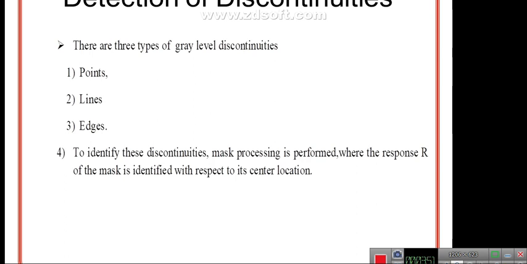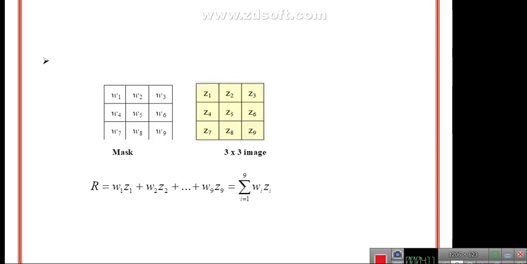How do we detect discontinuities? Detection of discontinuities has three types: points, lines and edges. To identify these discontinuities, mask processing is performed. The response R of the mask is identified with respect to its center location.